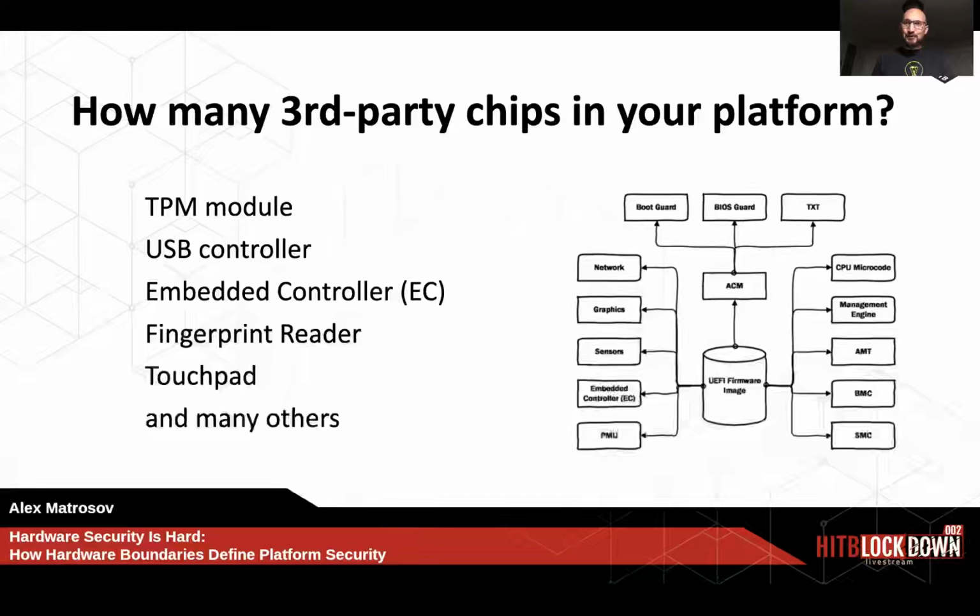As an example, your touchpad in many cases does not authenticate the firmware. So of course, there are not a lot of things you could do from the touchpad, but think about if it were something more powerful. And we will get to some places where common mistakes can provide really interesting opportunities for the attacker.